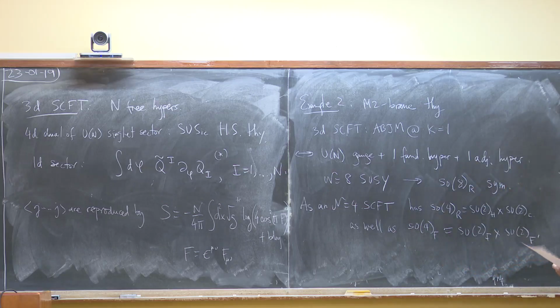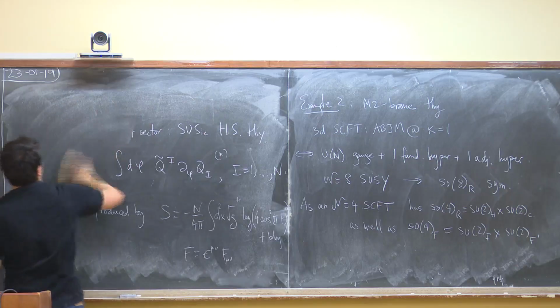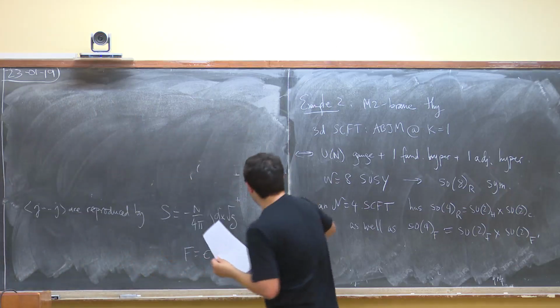So there are 4 SU(2)s that we have to keep track of. And the 1D theory, I can write down what it is.